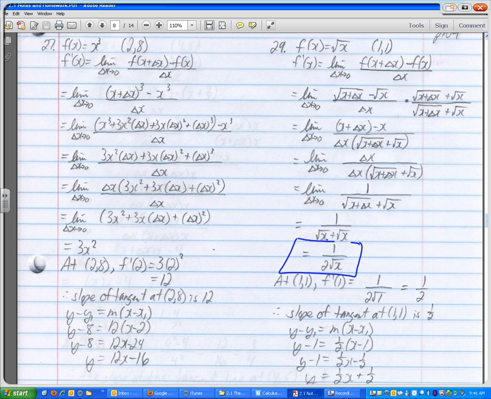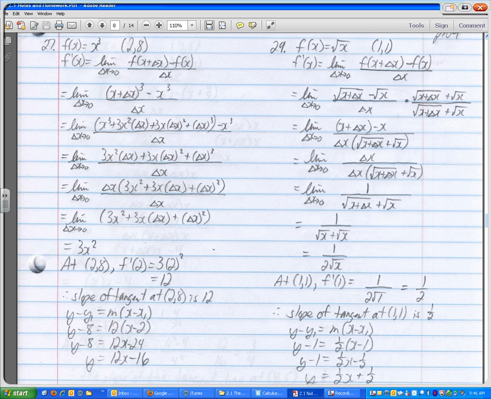So, at the point 1, 1, where did I get the point 1, 1 from? They gave it to me. It's in the problem. F prime of 1. Now, if f of 1 means the value of f when x equals 1, f prime of 1 means the value of the derivative when x equals 1.